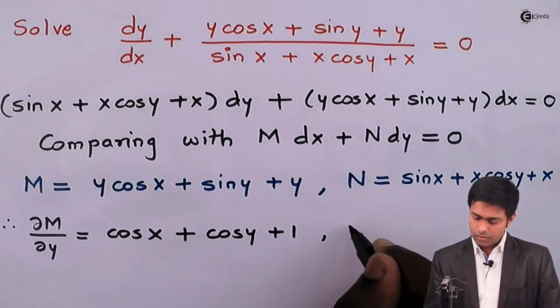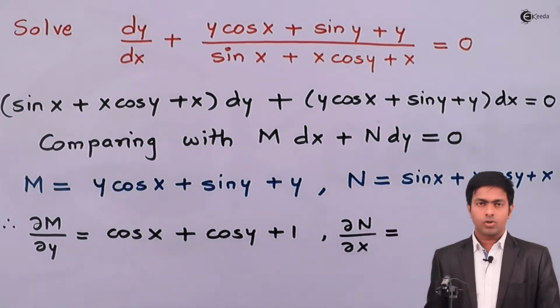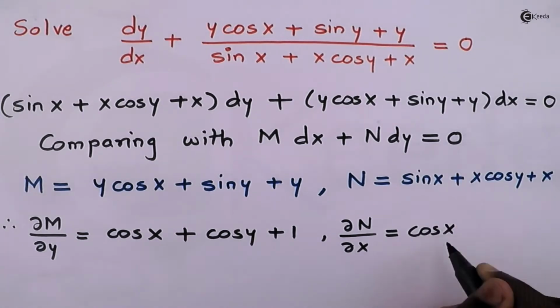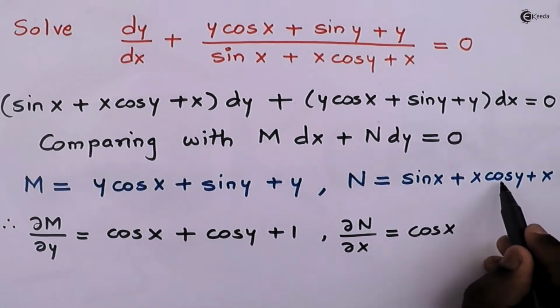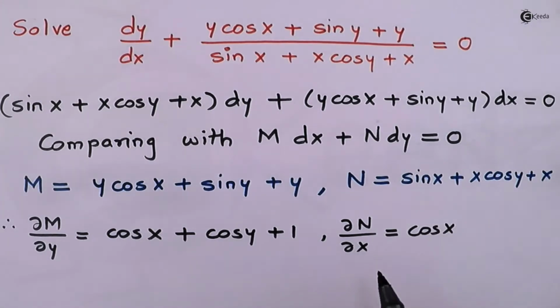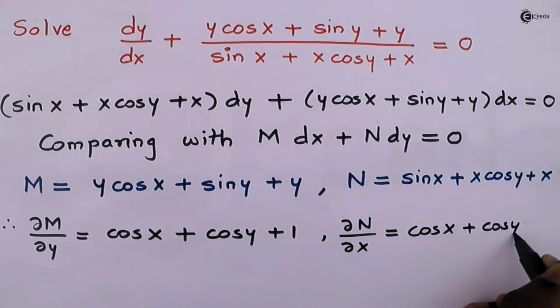Next we'll find dou N upon dou x. Here sin x will give us cos x, then cos y is constant because I'm partially differentiating with respect to x, so plus cos y as it is.